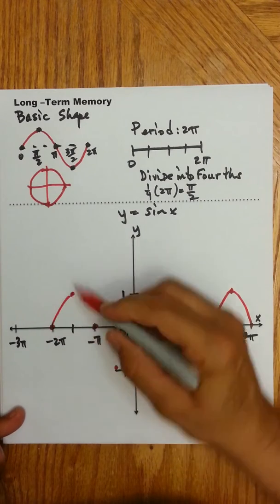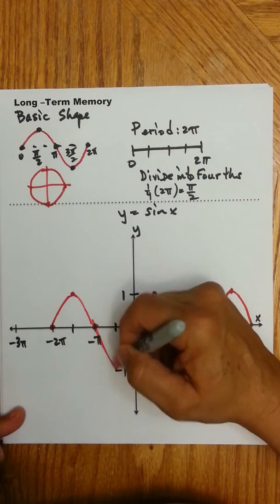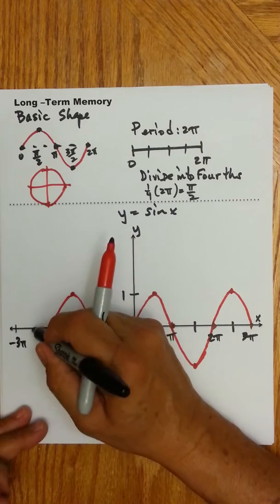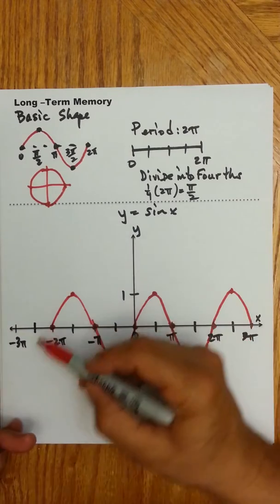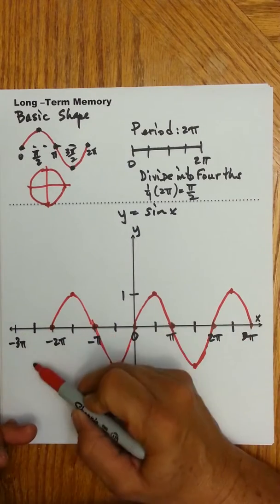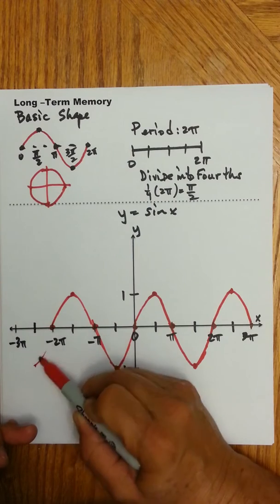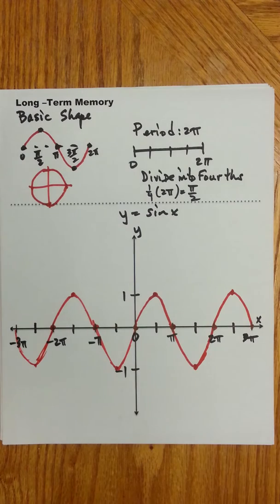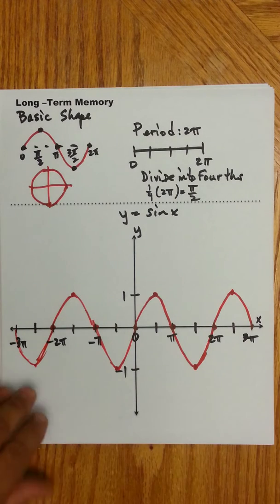So there's my other wave. It's all repeated, like a little rubber stamp. You just keep doing this. And then over here, you'd have the second half of a sine wave, coming up from the min, like that. So that's the sine wave, rather quickly.